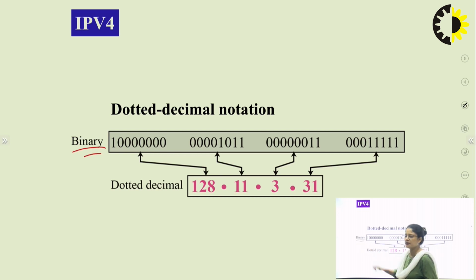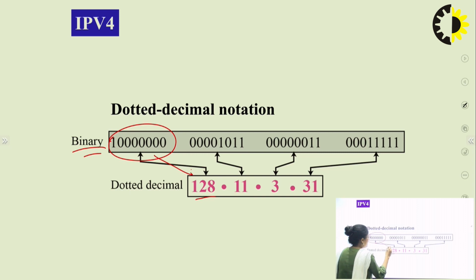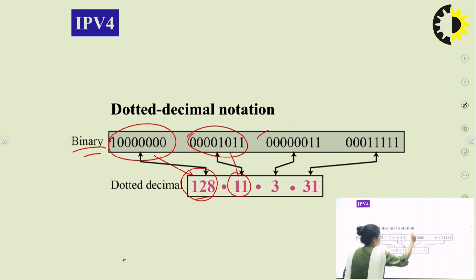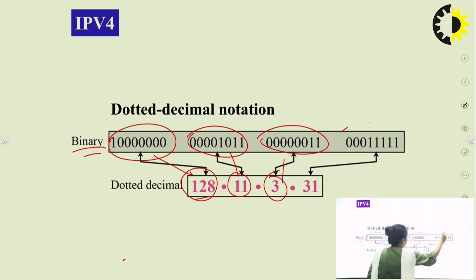If you look at this example, this is the binary form of representation. This is the decimal form of representation, where each of these 8 bits is represented by the corresponding decimal value, and they are separated by dots.